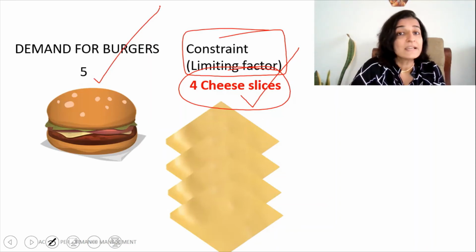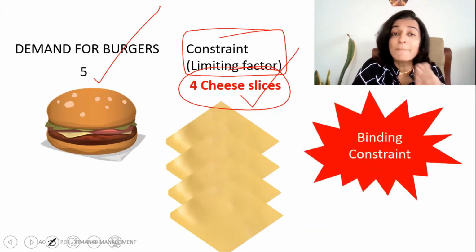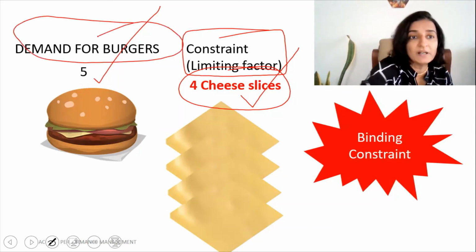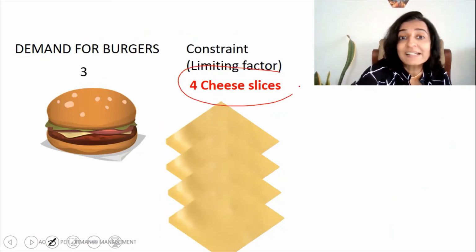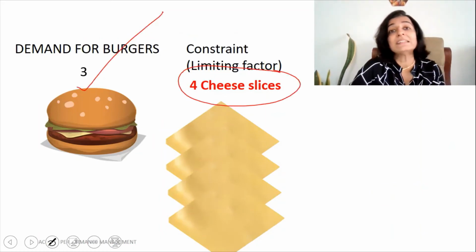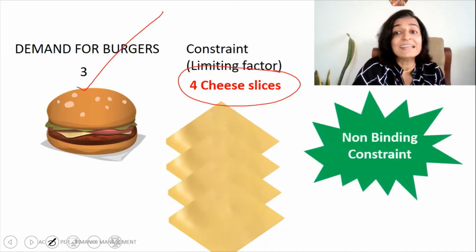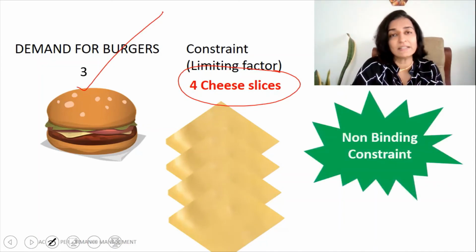In such a case, cheese will be a binding constraint. But if the demand for burgers is just 3, then the cheese slices are sufficient to meet the demand, which means that it is a non-binding constraint.